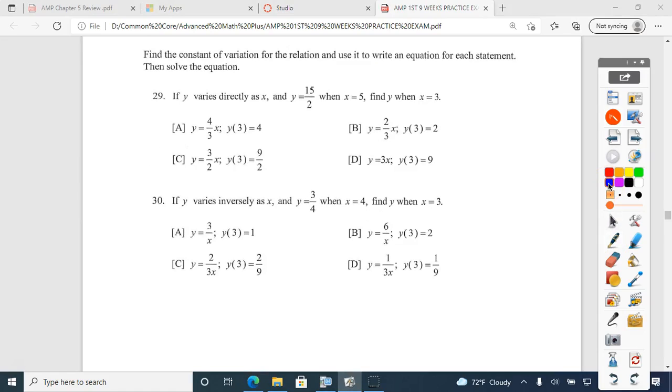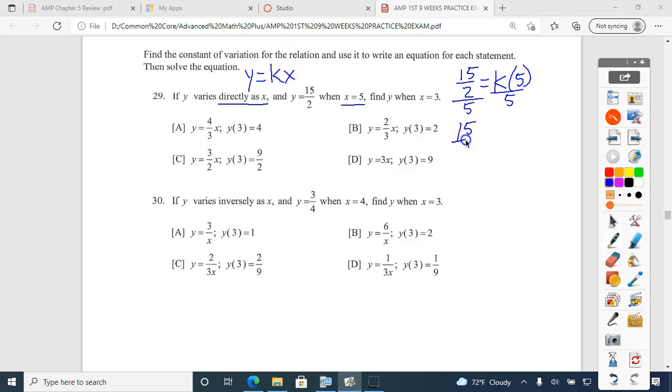29 says if y varies directly as x, that means y equals kx, and y is 15 over 2 when x is 5. Find y when x equals 3. So we're just going to plug in our numbers here. 15 over 2 equals k times 5. X is 5, and we'll divide by 5.